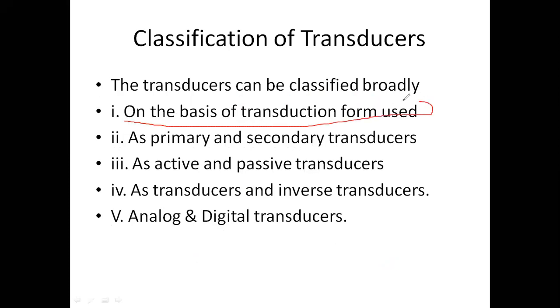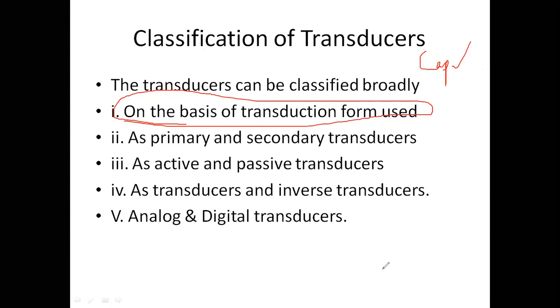I'm moving on to the first classification, based on the principle of transduction. In the last couple of classes, we have seen on what basis the instruments are classified on the basis of transduction. So if the instrument uses the capacitive principle to measure the input signal, then it is called a capacitive transducer, and it is called capacitive transduction.